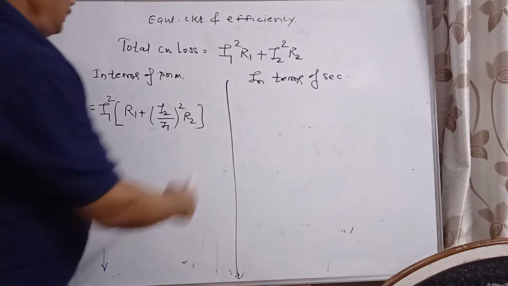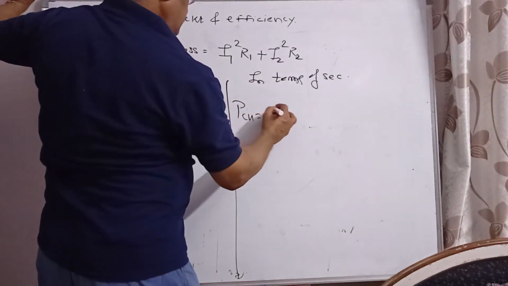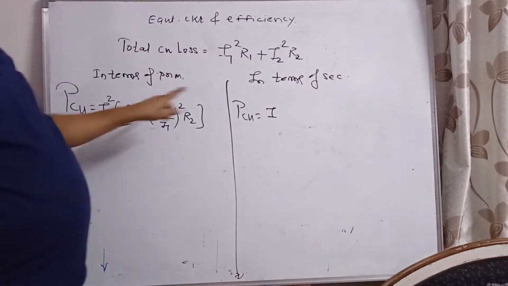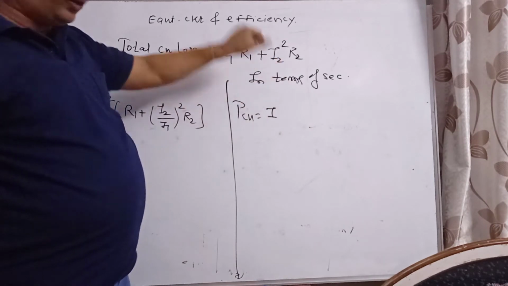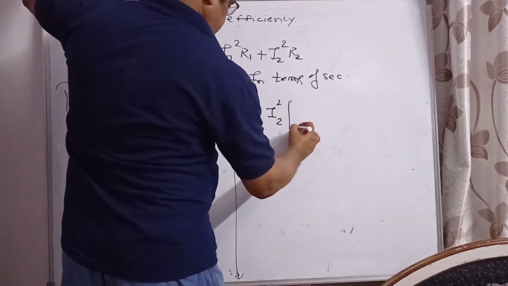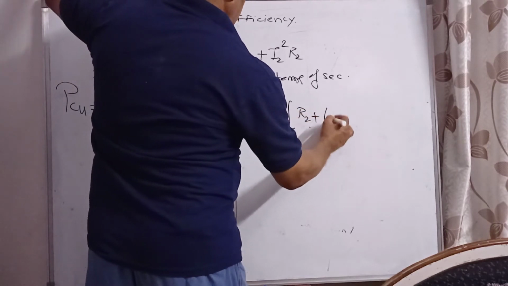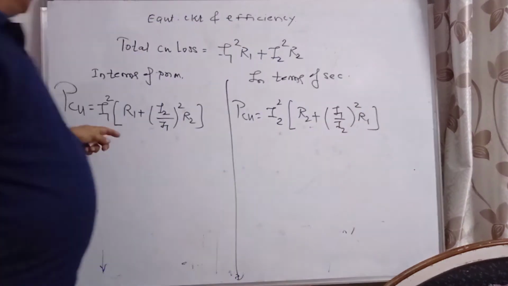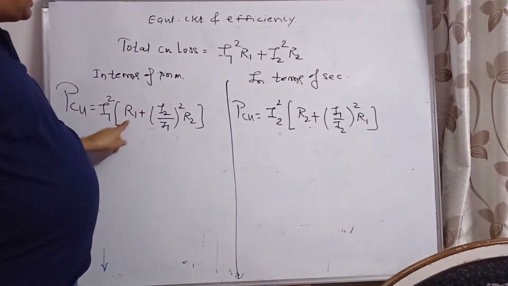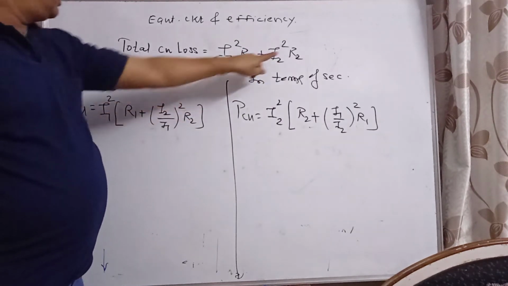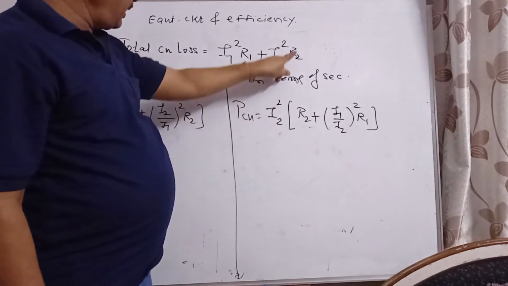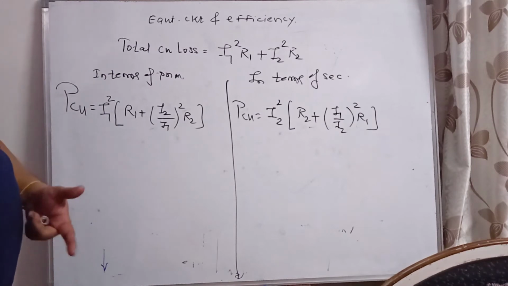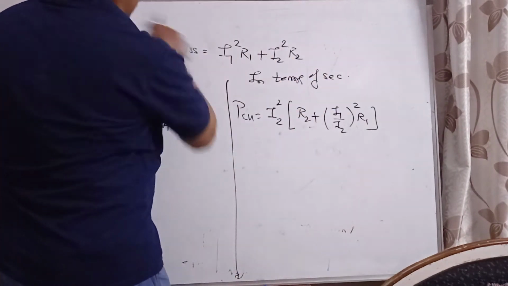Now I am converting it in terms of primary, so I take I1 square common: I1 square common, R1 as it is, plus I2 upon I1 square into R2. In terms of secondary, I take I2 square common: I2 square common, R2 as it is, plus I1 by I2 square into R1. Right? Now we know the turns relation. We have studied the turns relation.